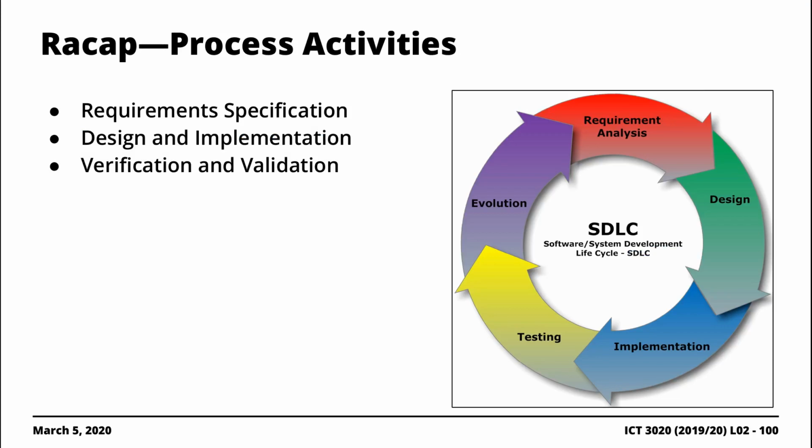All right, so just to recap what we've discussed so far, we went through a lengthy discussion of trying to highlight the core process activities associated with software development, and we really zeroed in on the requirements analysis and specification phase, where you go through a systematic process of identifying the customer requirements or customer needs insofar as the software is concerned.